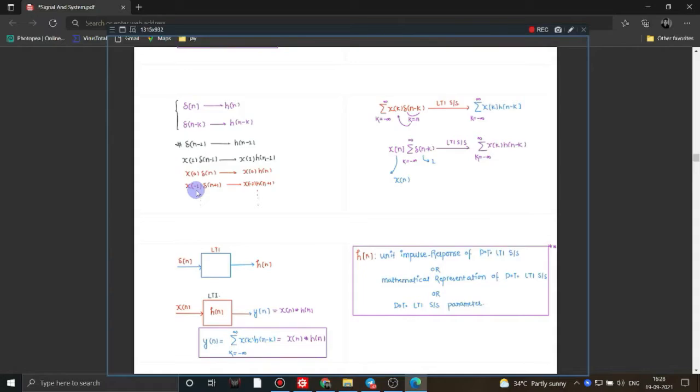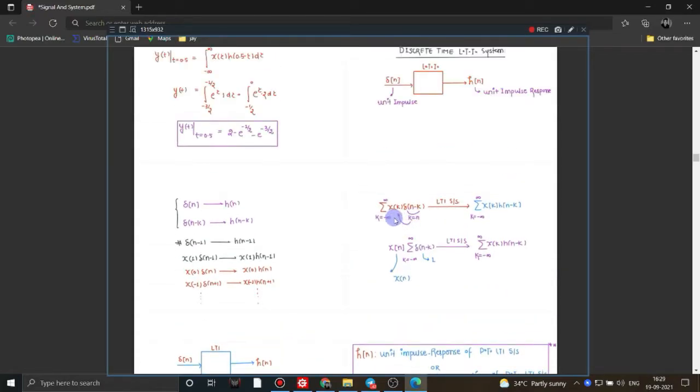The unit impulse response of the LTI system, the mathematical representation, is sigma x[k] δ[n minus k].